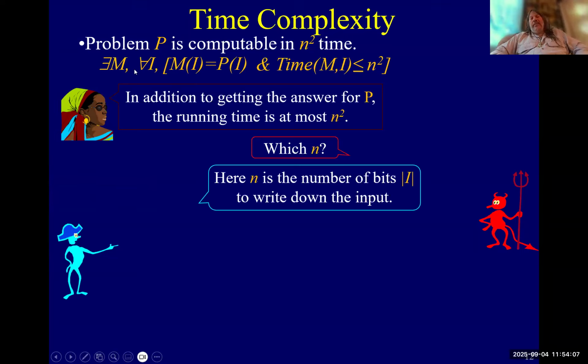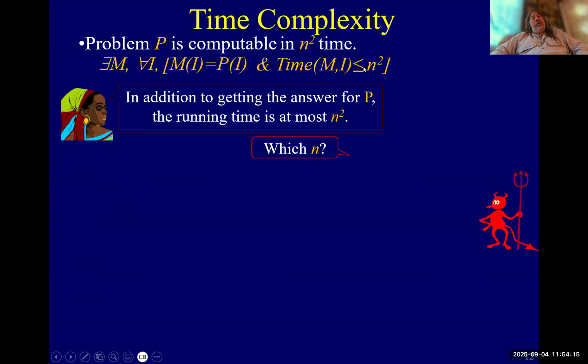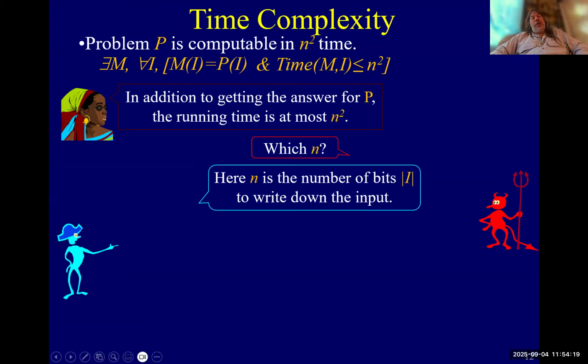So what's n? n is the number of bits to represent I. That's how much time you have: the number of bits to represent I, squared. If the input has a billion numbers to sort, then you get a billion squared time to sort it, right? That makes sense.